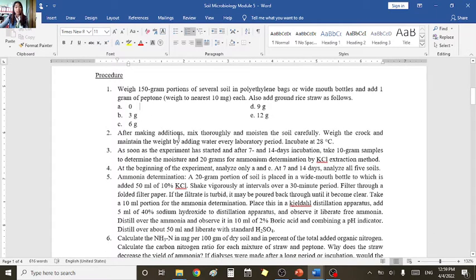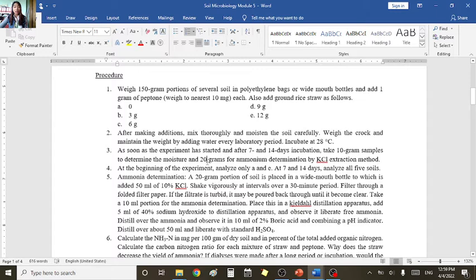Now, after making the additions, mix thoroughly and moisten the soil carefully. Not too wet, just moist. Weigh the jar and maintain the weight by adding water every laboratory period, then incubate at 28 degrees Celsius. As soon as the experiment has started, and after 7 and 14 days of incubation, take 10 gram samples and determine the moisture.